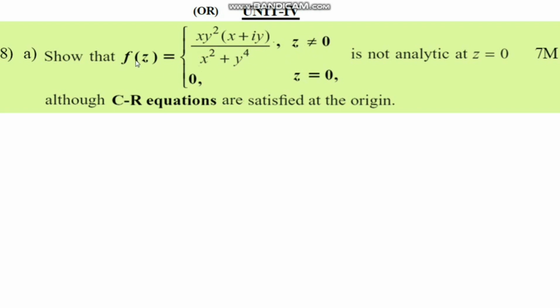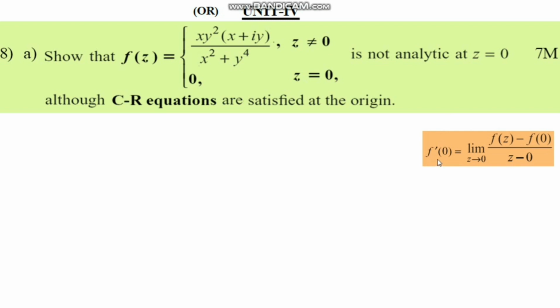The function value is 0 only when z equals 0. Our objective is to show that f of z is not analytic at z equal to 0, meaning this function is not differentiable at z equal to 0.